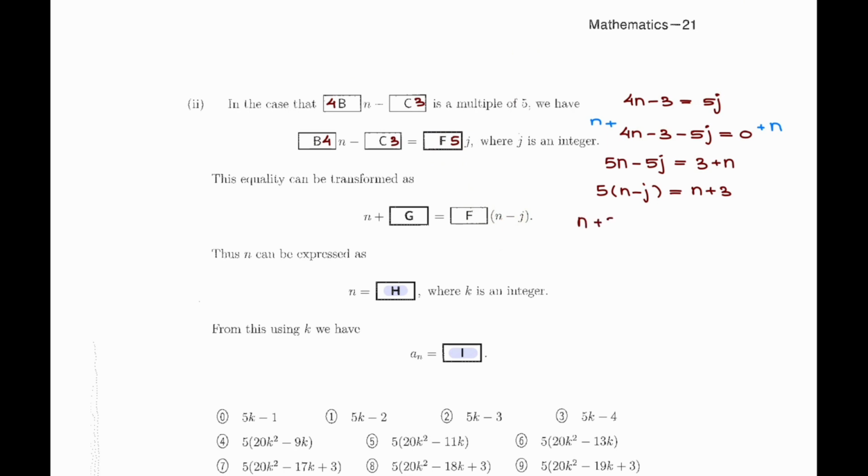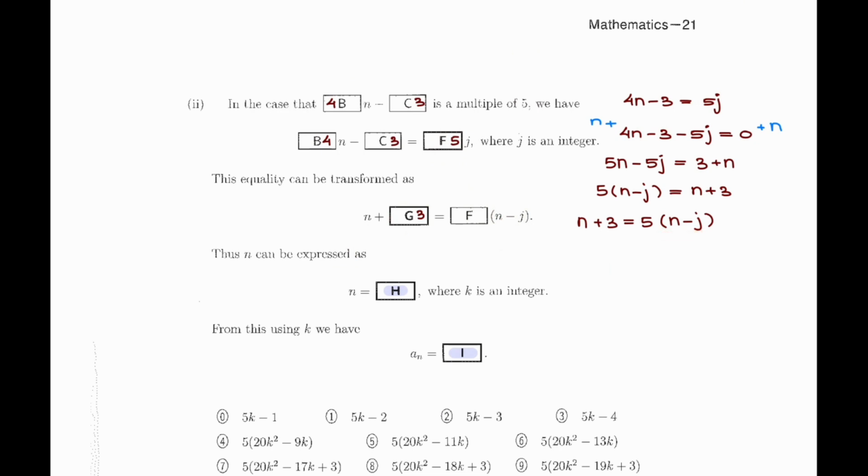So n plus 3 is equals to 5, open bracket, n minus j. So letter G here is 3. This is 3. Thus, n can be expressed as blah blah blah. If you see here, n minus j is an integer.